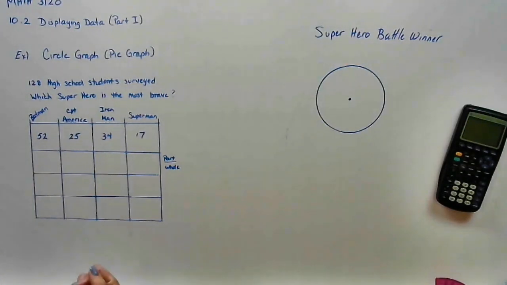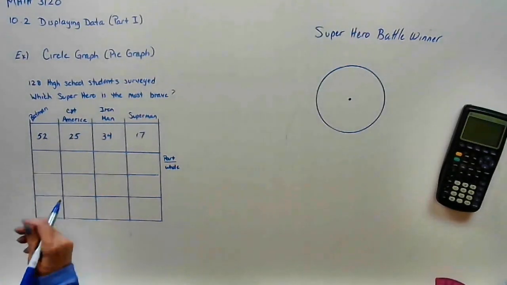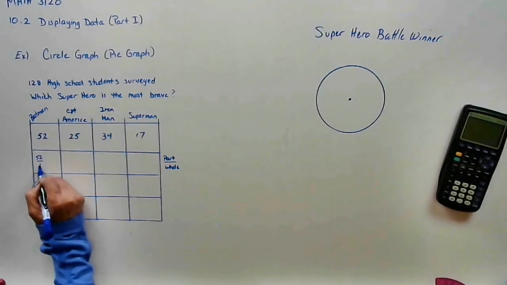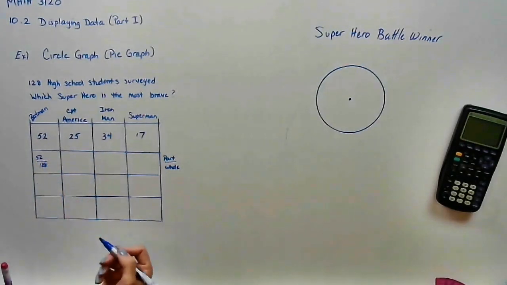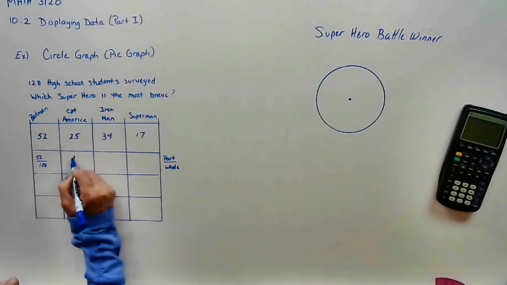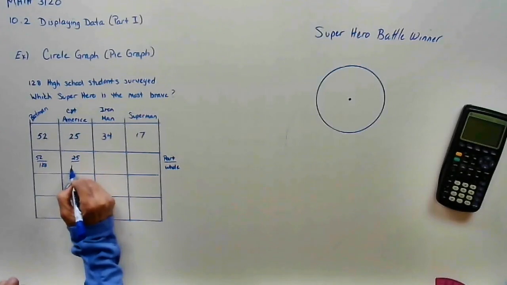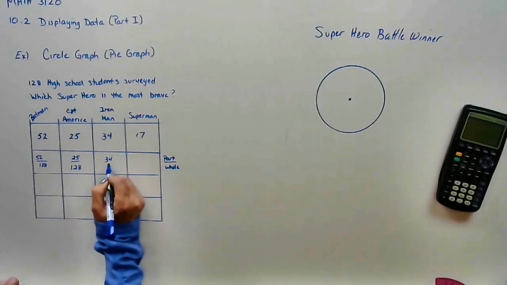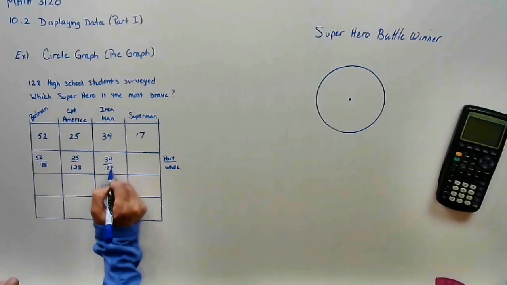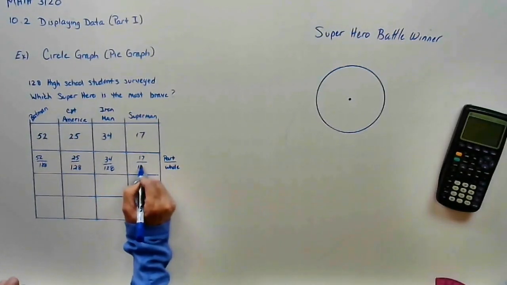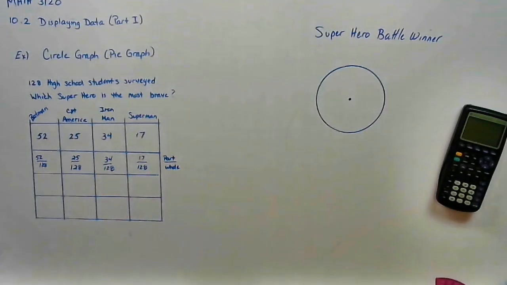So how many out of the entire class liked Batman? Well, we had 52 out of the 128 students liked Batman. What part liked Captain America? 25 out of the 128 students. 34 out of 128 students liked Iron Man. And 17 out of the 128 felt that Superman was the most brave. Okay.